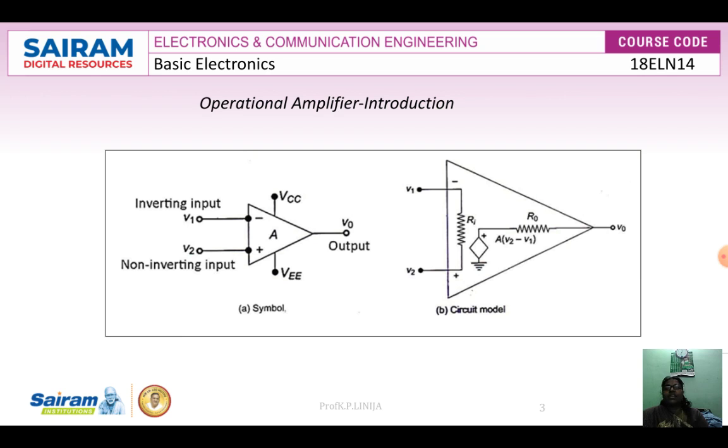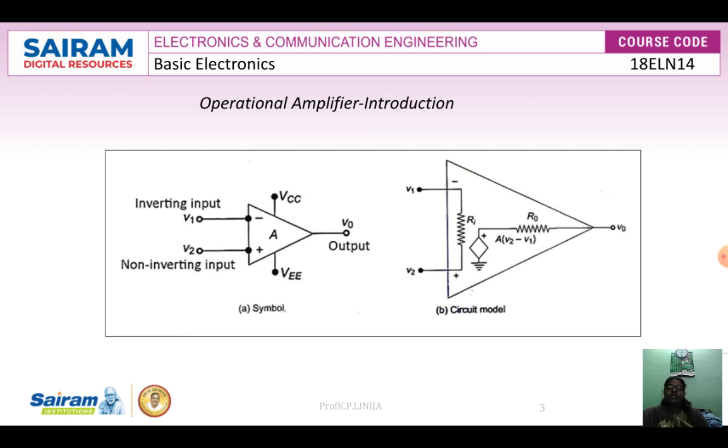What is the advantage of op amp? It is very low cost, small size, and it has higher gain. High gain can be obtained. So these are the advantages which make us use op amps more and more in practical applications.